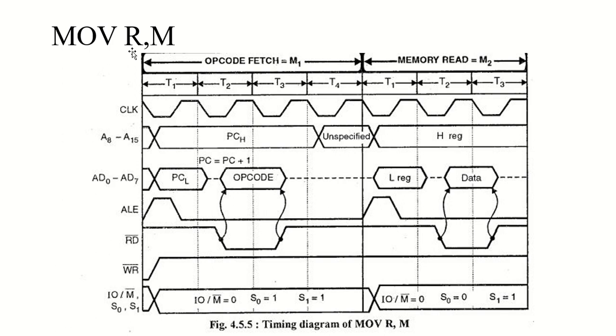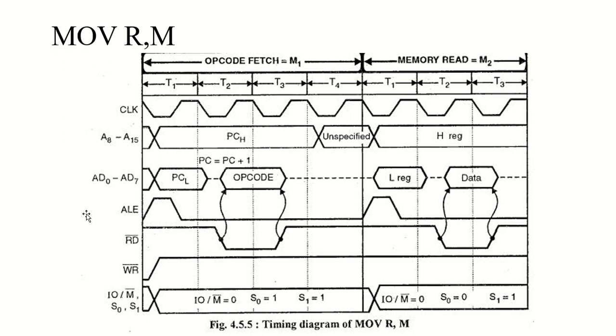So that is why we are including the memory read machine cycle. Other things will remain as they are, so we are not going into the details. One more thing, this instruction contains two different machine cycles, and because of that this instruction is a 2 byte instruction. Simple.